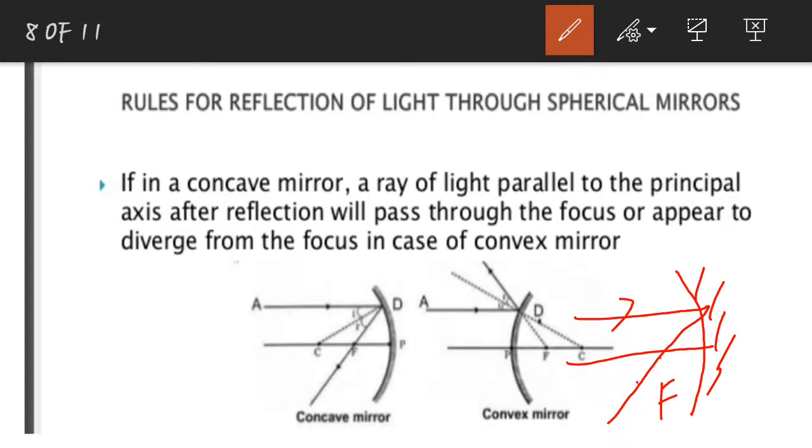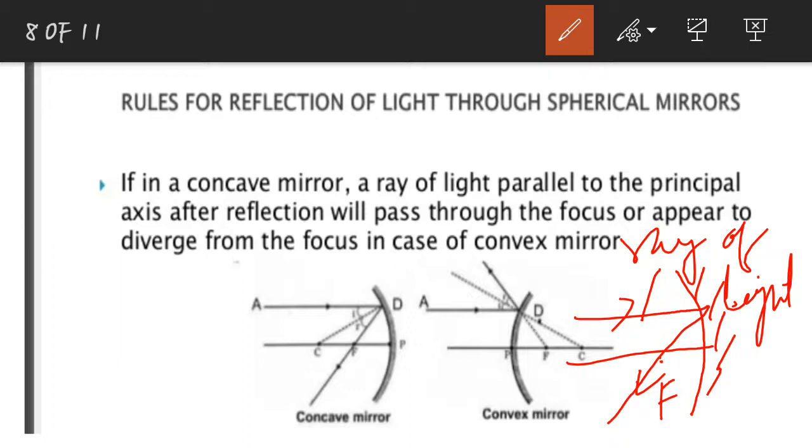Whatever may be the ray of light, if it is parallel to the principal axis, it always passes through the focus.